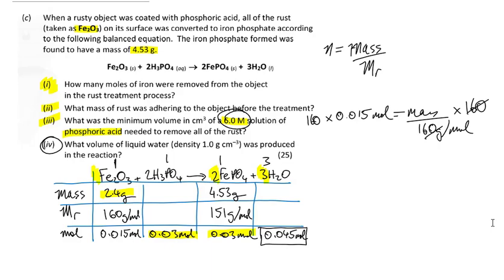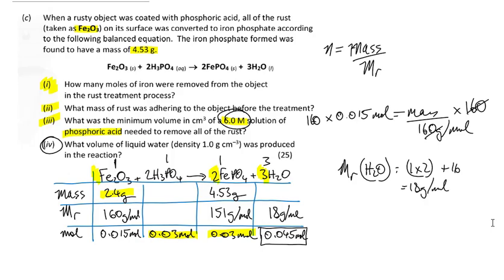And now let's work out the mass, and then we can get to the volume. So the relative molecular mass of water is 18 grams per mole. We've got hydrogen, so 1 gram per mole, and we've got 2 of those, plus 16 for oxygen, so that gives 18 grams per mole.